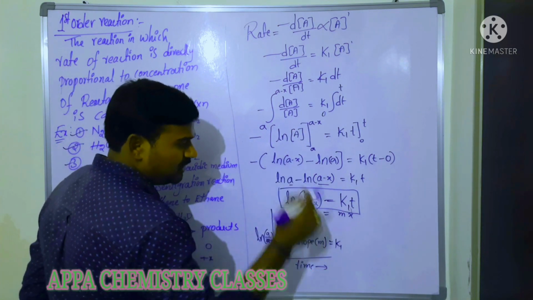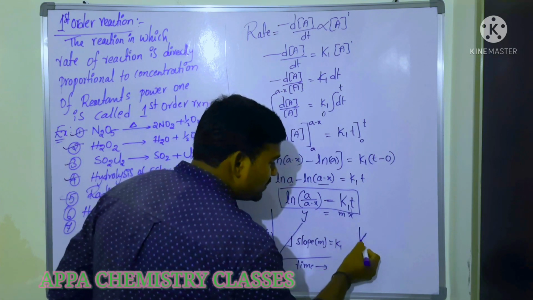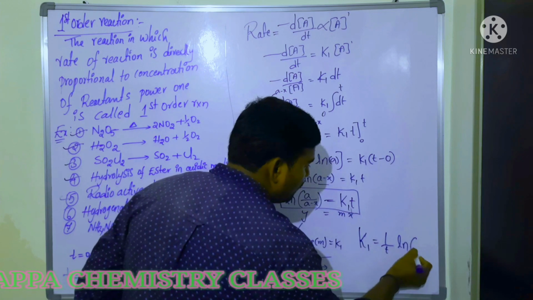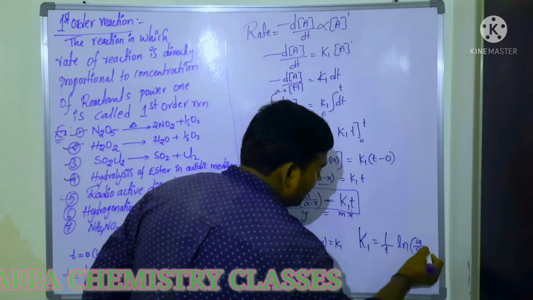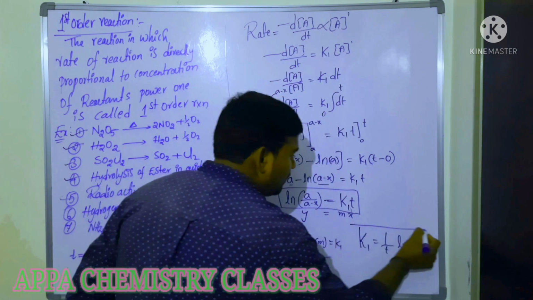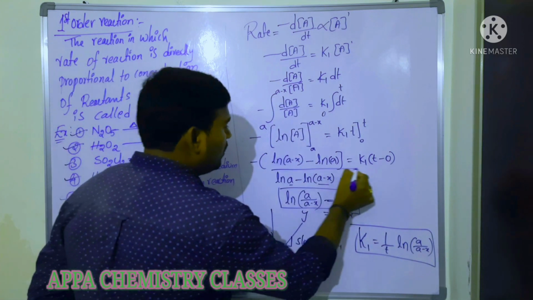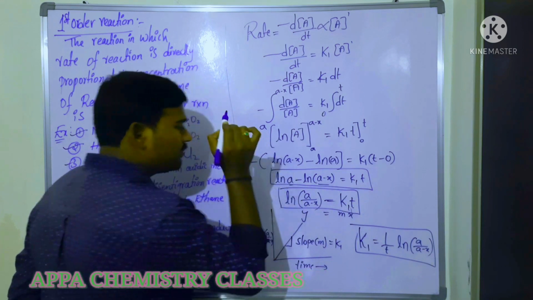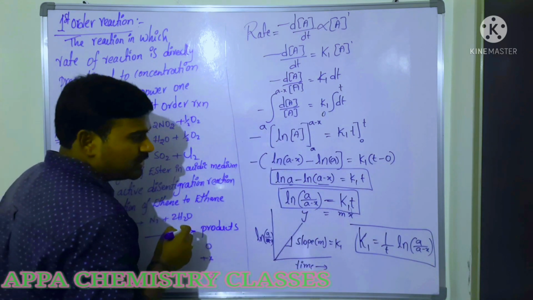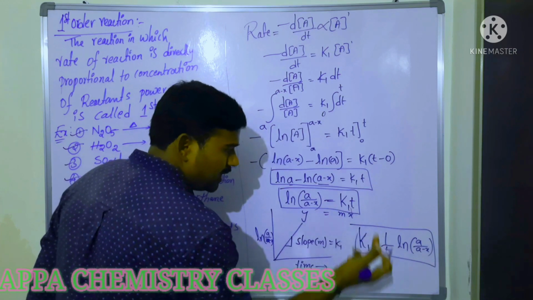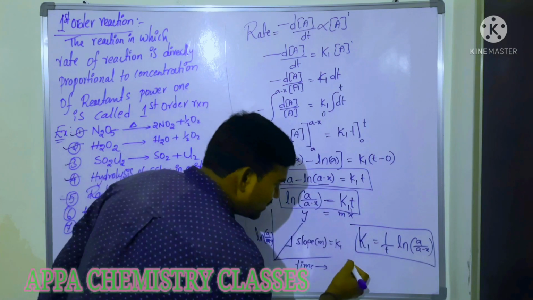From this, K1 is equal to 1 by t into ln of A by A minus x. Very important one. Okay? And you also round off this. Have you understood this one? That is what we call the rate constant in a first order reaction.